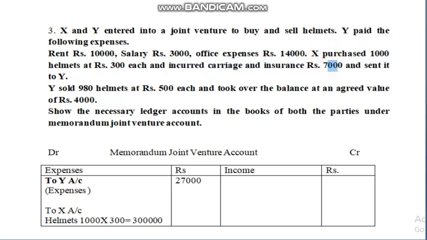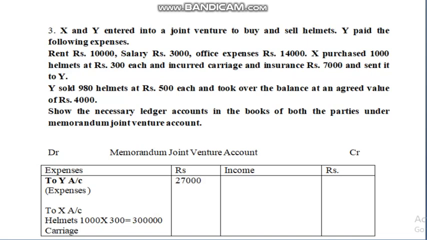It clearly specifies that X purchased 1,000 helmets at rupees 300 each and incurred carriage and insurance of 7,000, and also the cost of helmets was incurred by Mr. X. So total 3 lakh plus 7,000, which is 3 lakh 7,000, was paid by Mr. X. So the second transaction is over.